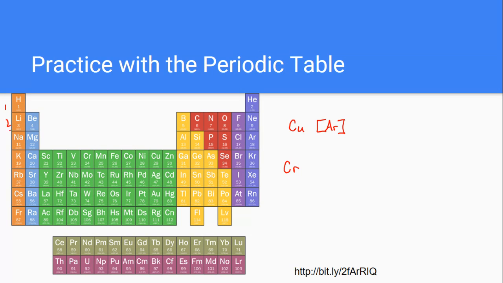We've got row 1, 2, 3, 4, 4s2, and then it would be the 9th one over, so that would be 3d9. Chromium we would expect it's in the same row. We would expect it to be the same way. We would expect it to have argon first, 4s2, but then it would be 3d4. So this is not correct.